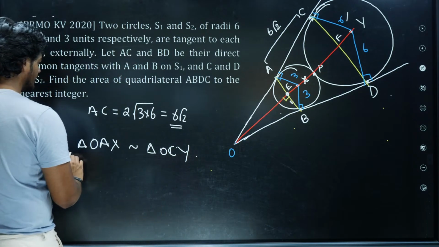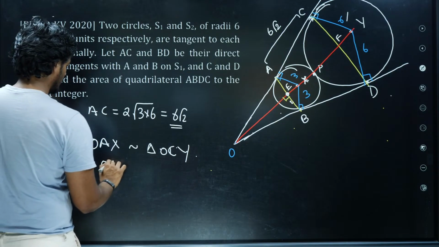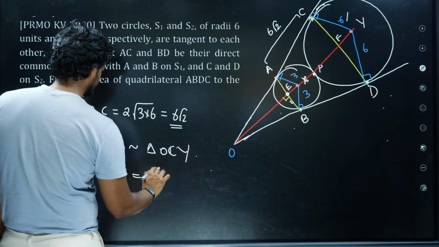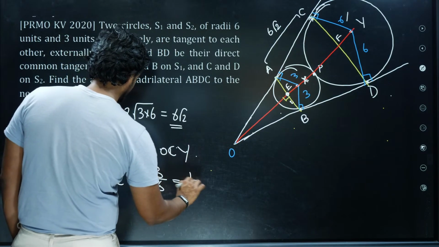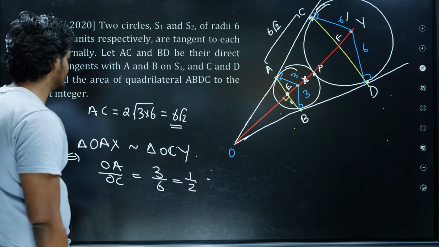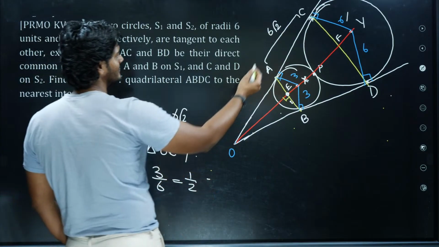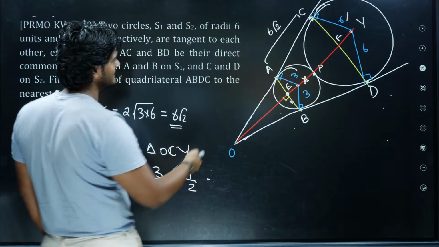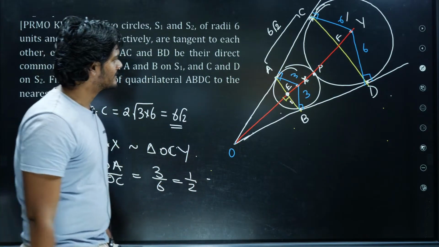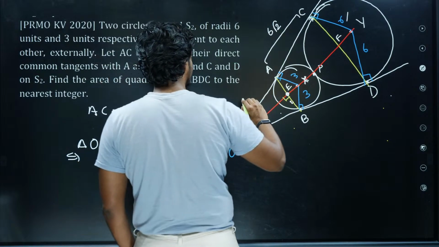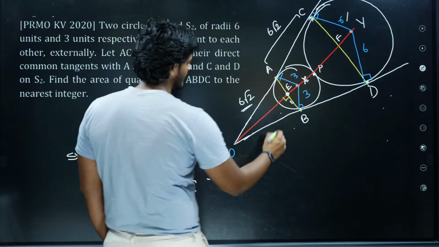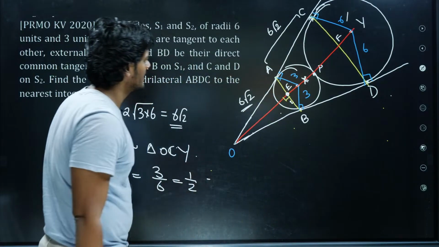So OA by OC is 3 by 6, which is 1 by 2. So OA has to be half of OC. So basically A is the midpoint of OC. So that means this is also 6 root 2, and we have the same here.